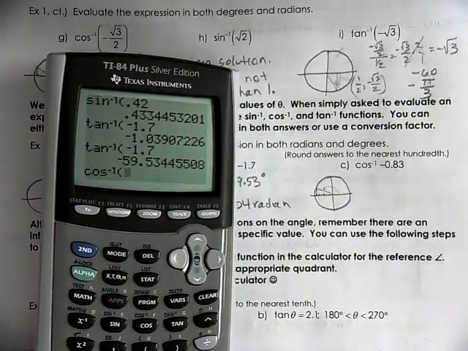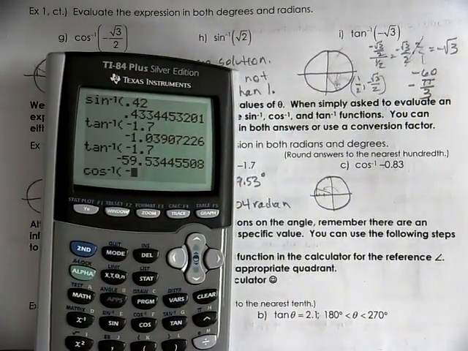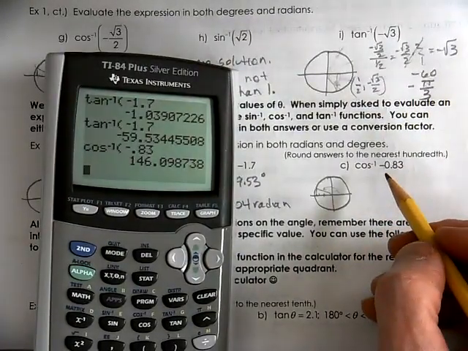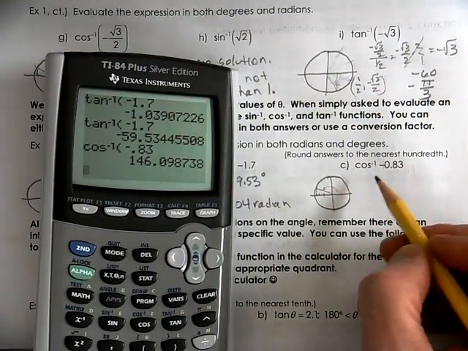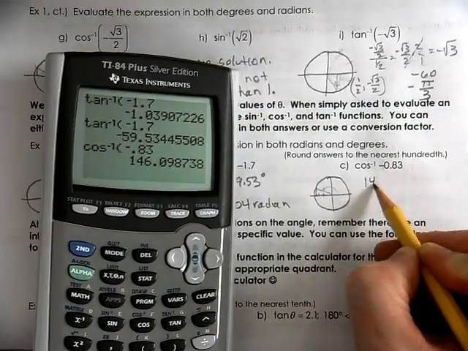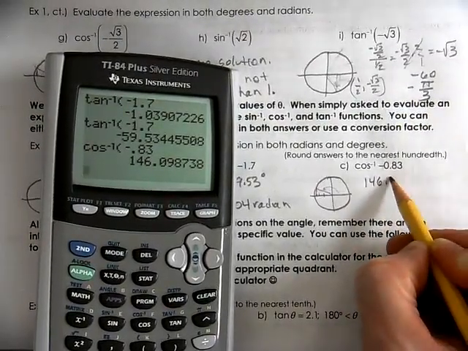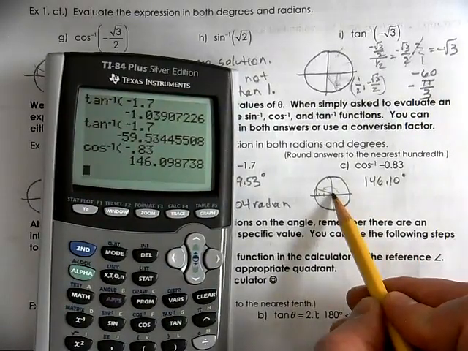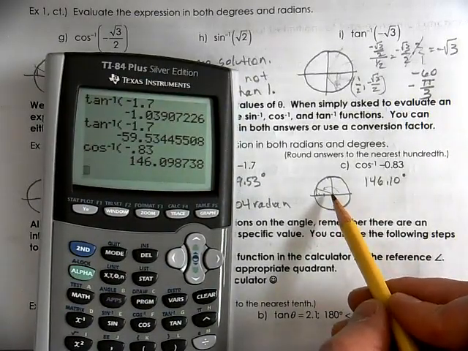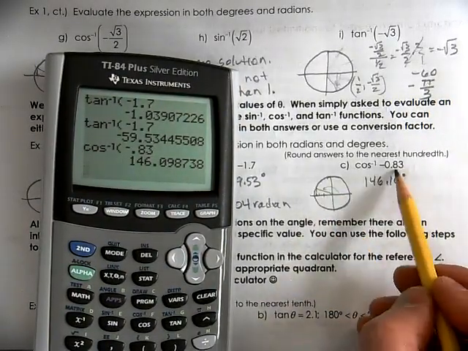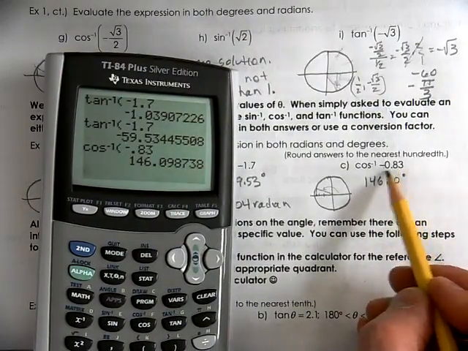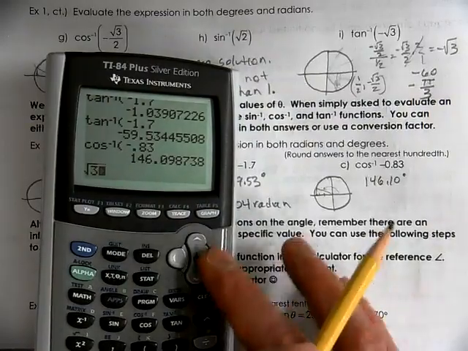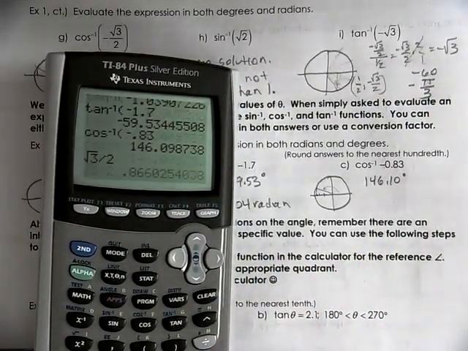So cosine inverse of negative 0.83 gives us, okay, so it was not bigger than 150. That's interesting. Okay, I guess that does make sense, because 0.83 is going to be less than root 3 over 2.